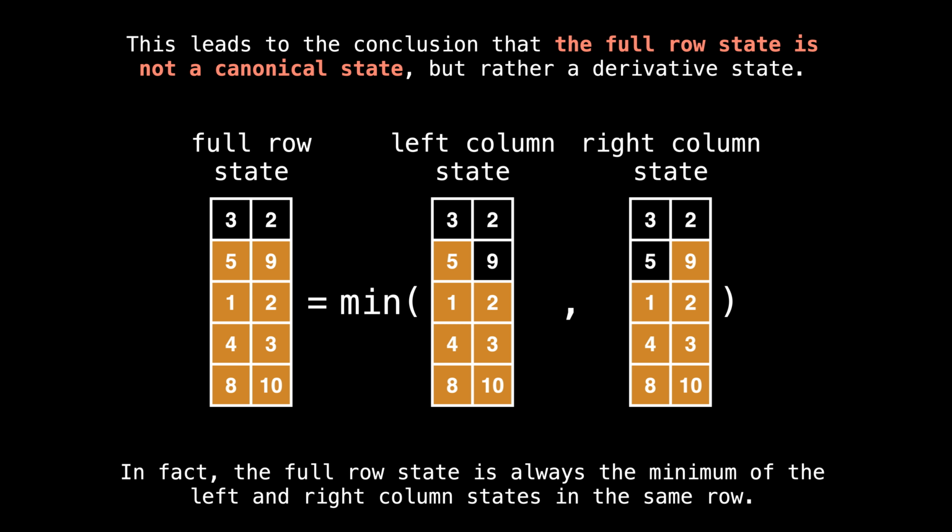This leads to an interesting conclusion that the full row state is actually not a canonical state, but rather a derivative state. This means that we don't explicitly need to track the value of the full row state because we can simply dynamically calculate it as the minimum of the left state and the right state in the same row. I'll let that soak in for a while.